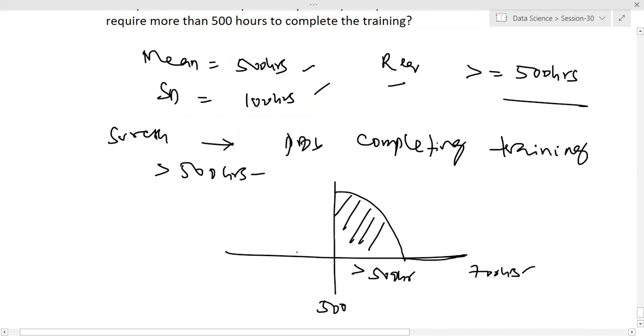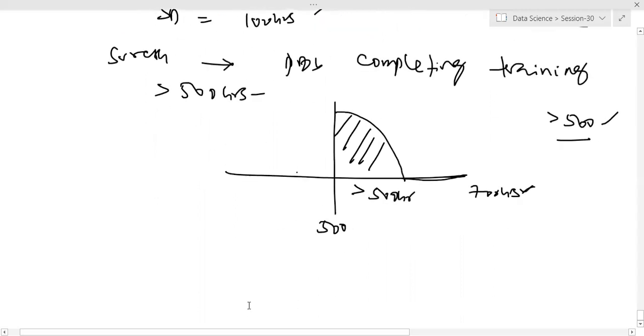Even if someone has taken 501 hours or 700 hours, okay, but our interest is the members who took greater than 500 hours. Something like that, 0.3%.